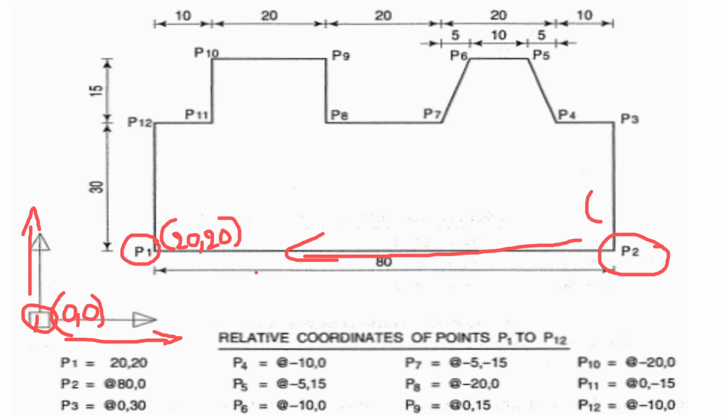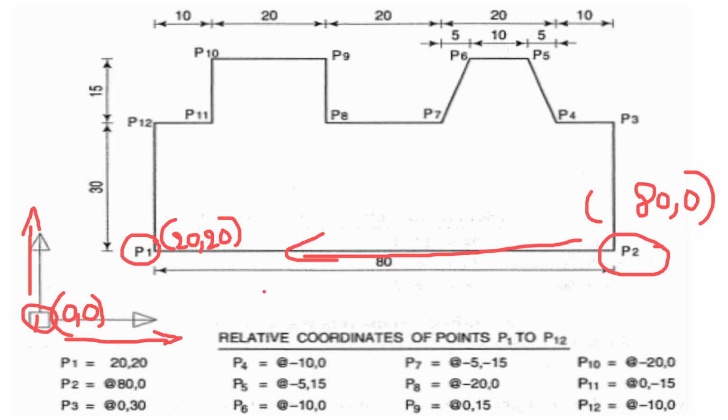So I need to see the distance between P2, the current point, and the previous point, P1. The distance between P2 and P1 along the x direction is 80. If I see P1 to P2, there is no y distance. That means P1 and P2 are aligned on the same horizontal line, so there is no y difference, and that will be represented as 0.